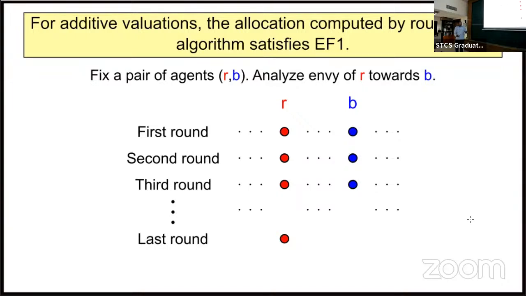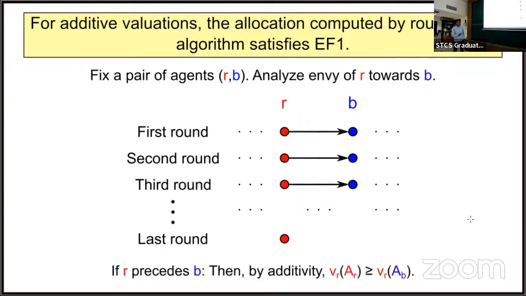Let's first imagine that red is ahead of blue. When we execute round robin, in every round, red would pick an item, and then from whatever is left, blue would pick its favorite, and then it would be red's turn, then blue, then red, then blue, and so on.